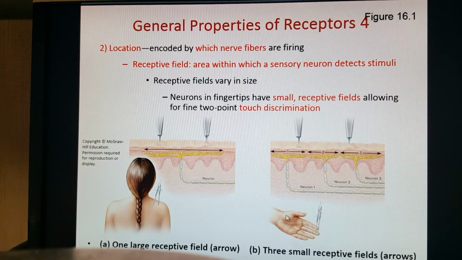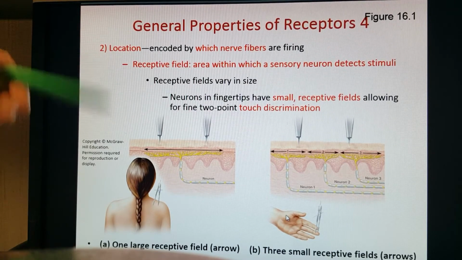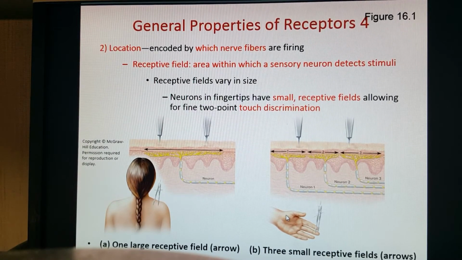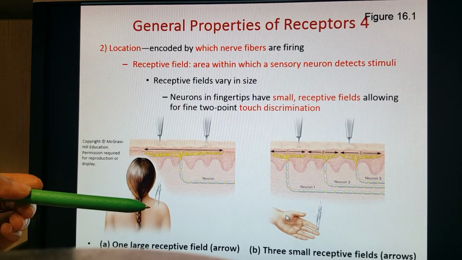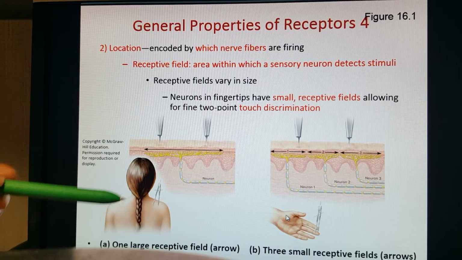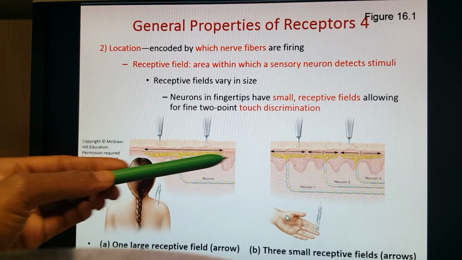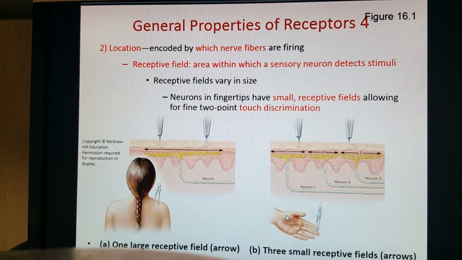For location, telling you where that sensory information is coming in. So depending on the receptive field of your neuron, you could either have very fine detail of where that information is coming from, or just get a general location of where that's coming from. So for example, on the back of the person, the receptor field is very wide for a sensory neuron for touch.